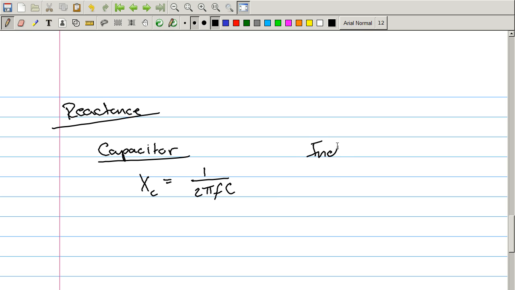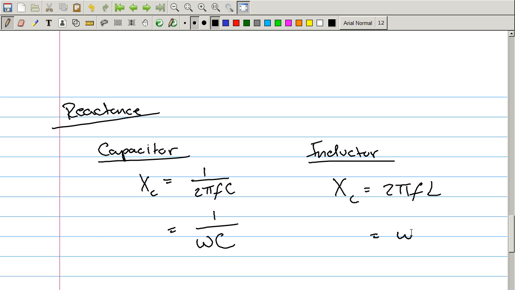And for the inductor, which we're going to talk about in a later video, reactance is given by 2 pi FL. For those of you wondering why there's a 2 pi here, technically this is denoted 1 over omega C, and this is denoted omega L. Again, this is the conversion from radians to degrees. If you want it in degrees, you use this. If you want it in radians, you use this.